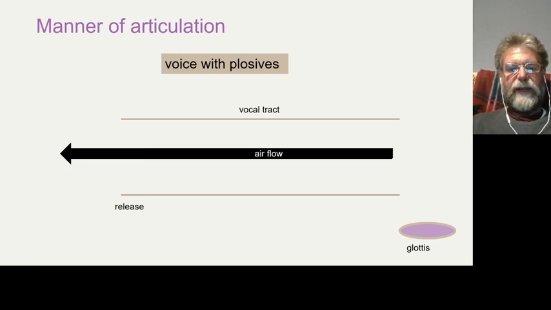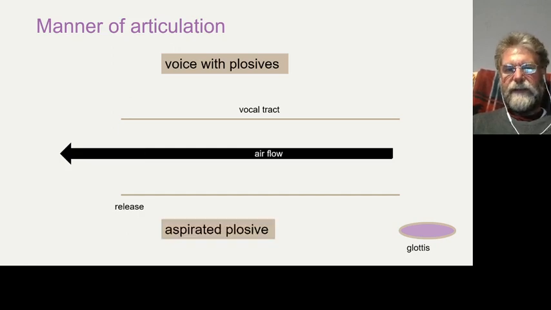So something like, okay, you get this air coming suddenly out from your vocal tract. Those kinds of sounds are known as aspirated plosives. Aspirated plosives are the ones that are accompanied by a puff of air, and you get that when there is no vibration from your glottis.